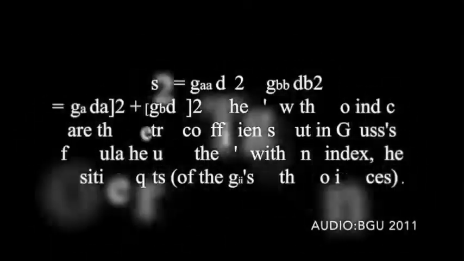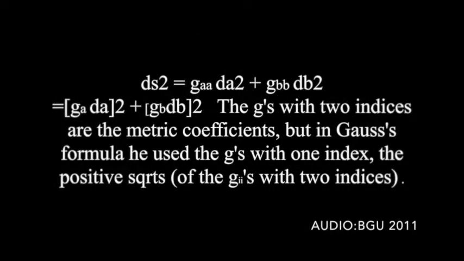If you look at this metric, these are the metric coefficients. What appears in the formula that Gauss used, though, are the square roots of these, the positive square roots.